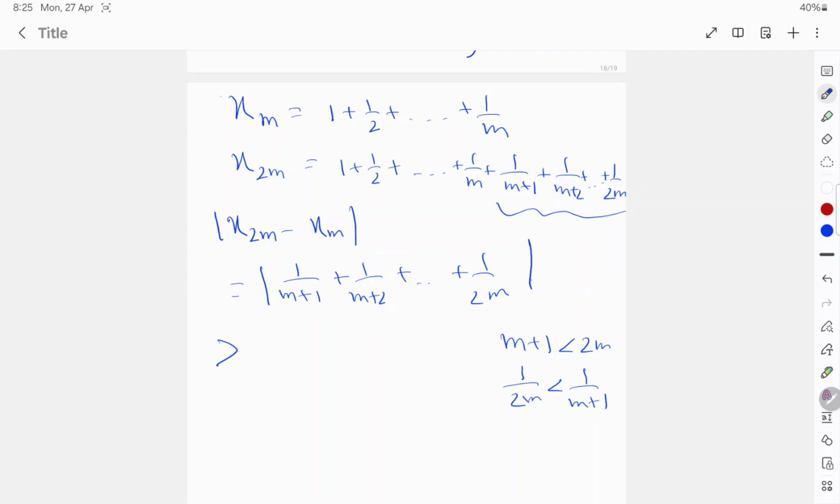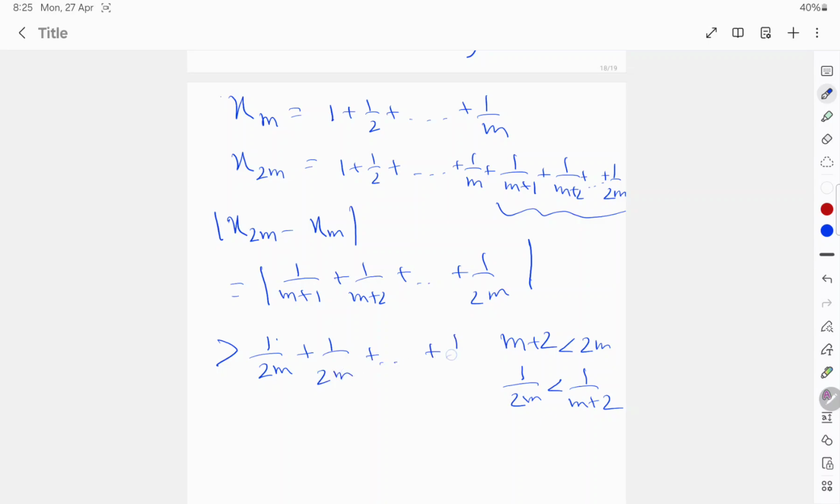So I can write this is greater than 1 by 2m plus 1 by 2m. There is no role of modulus here, because each term is positive, since m is positive. Similarly, instead of m plus 1, if you write m plus 2, then also it is true, so this is also 1 by 2m.